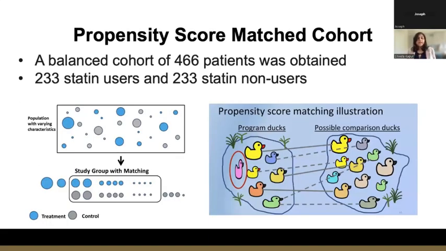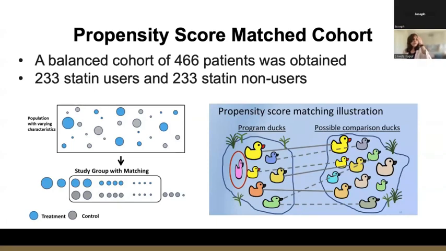Next, we obtained a propensity score matched cohort. After calculating and employing the techniques that I listed in the previous slide, we obtained a balanced cohort of 466 patients. As you can see, we began with about 1,000 patients and we were down to 466.